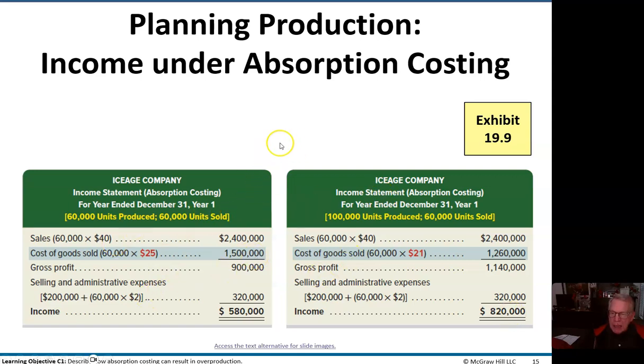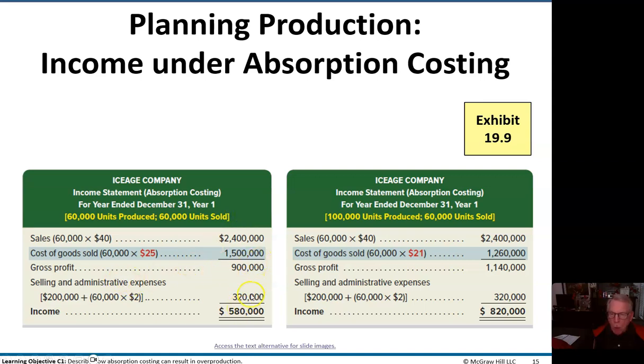Now, if I'm planning production, my income under absorption costing, here we have 60,000 units produced and 60,000 sold. Here we had 100,000 units produced, but only 60,000 sold. Same amount sold, right?